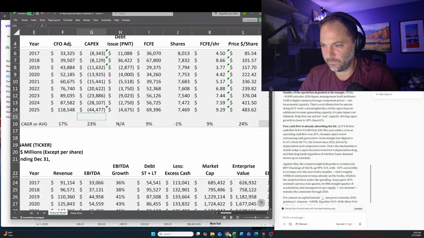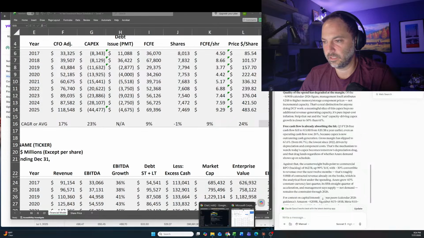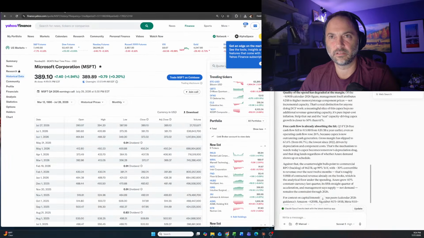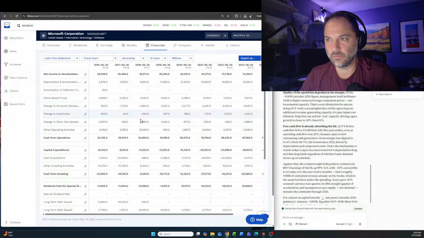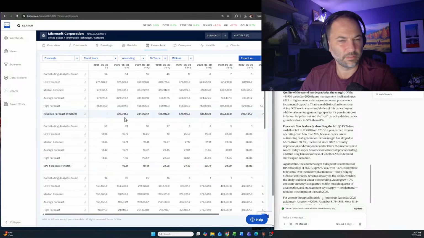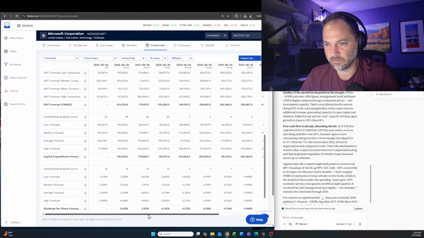Let's go to Finbox. Sometimes they have guidance on cash flow. Cash flow statement. Let's go to forecast. Yeah, I think that is crazy. Let's just smell check to see if it's not that. Here's CapEx.